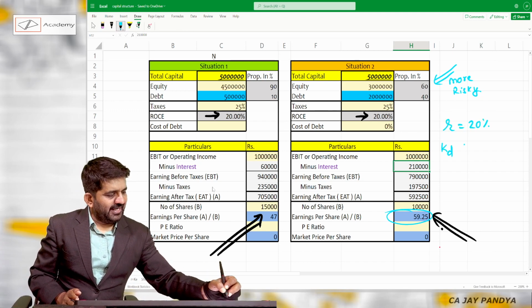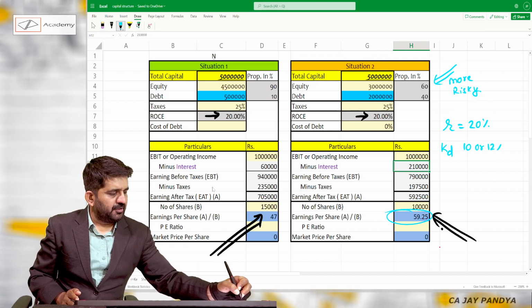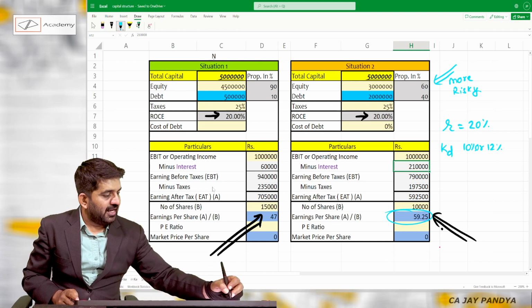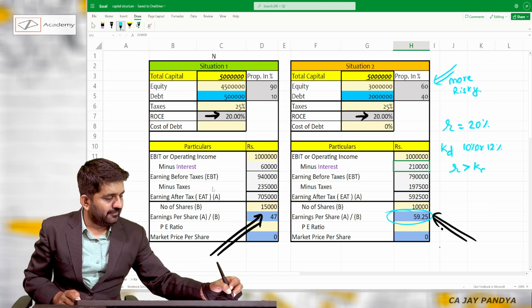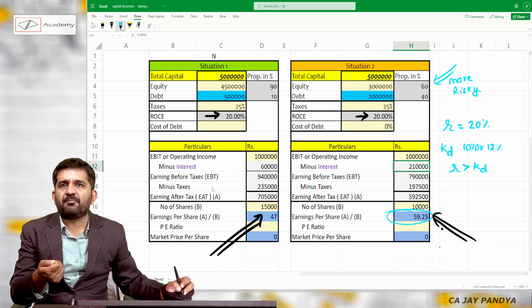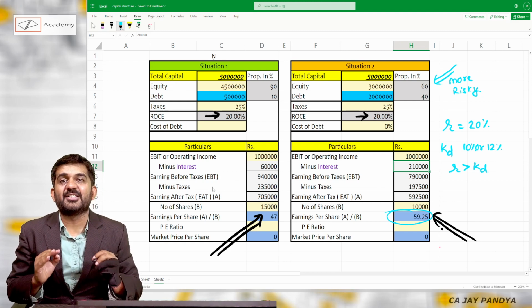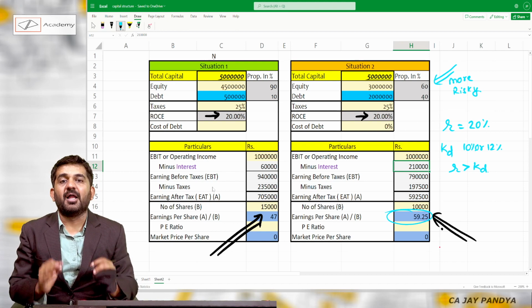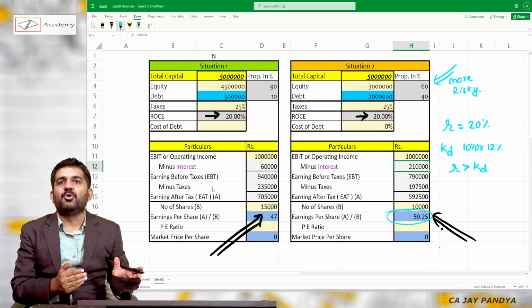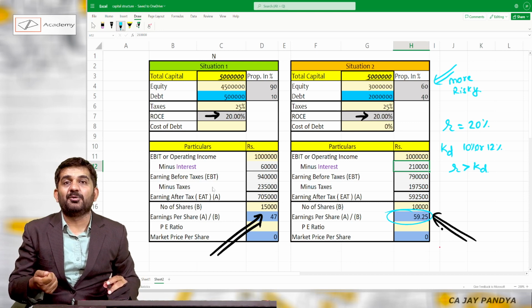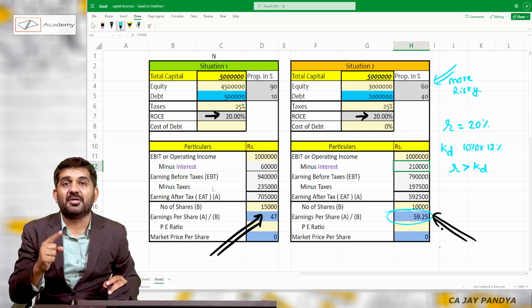What is KD? 10 or 12%, whatever it might be, R is greater than KD. There is no concept of PE ratio because your objective is to maximize EPS. Believe me, EPS will be higher in a risky plan. Even if they are not telling us to calculate, I can directly give the answer. The risky plan will be a better plan.